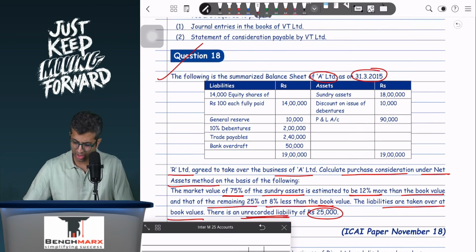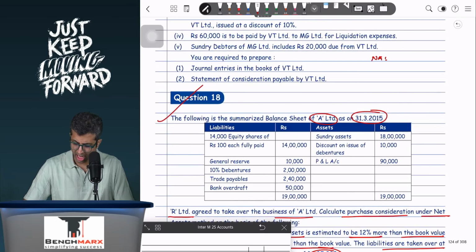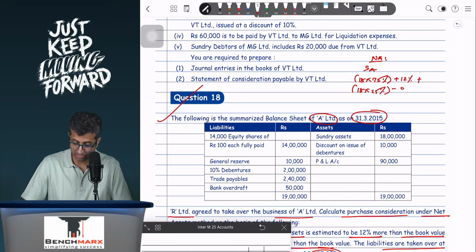So when I look at the net assets in this particular case, sundry assets will be 18 lakhs into 75% plus 12%, and 18 lakhs into 25% minus 8%.